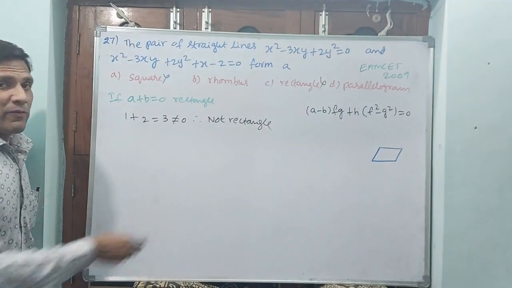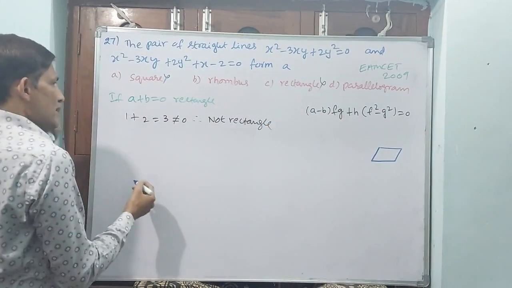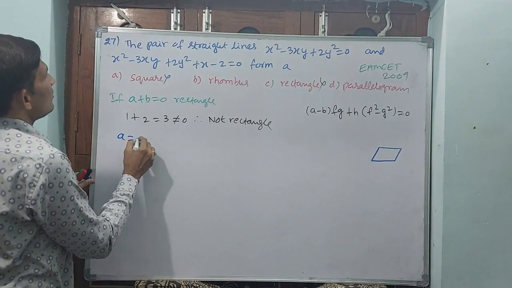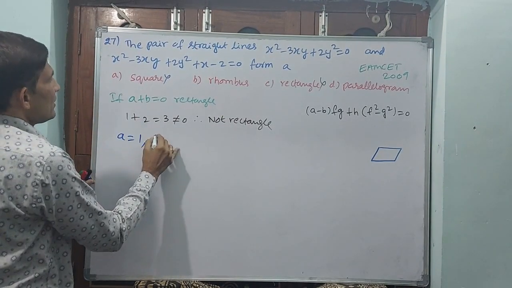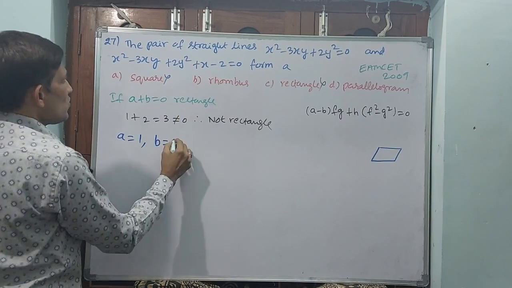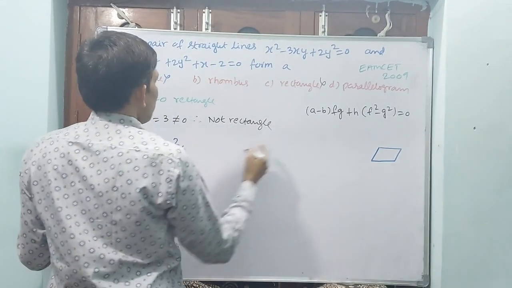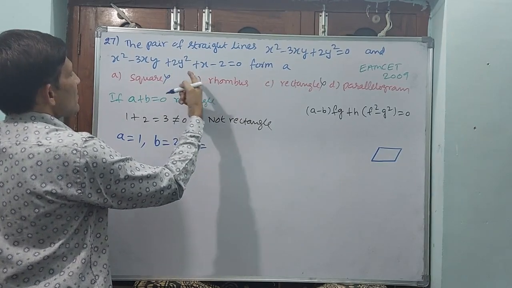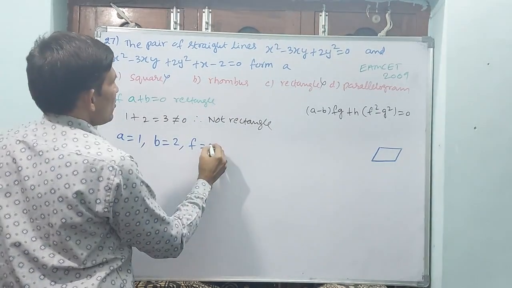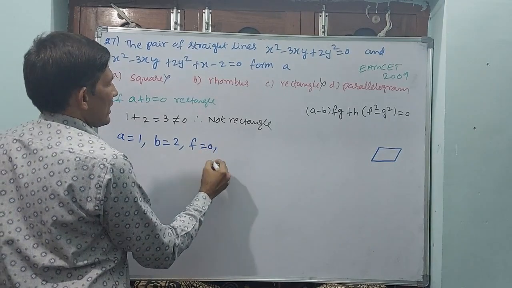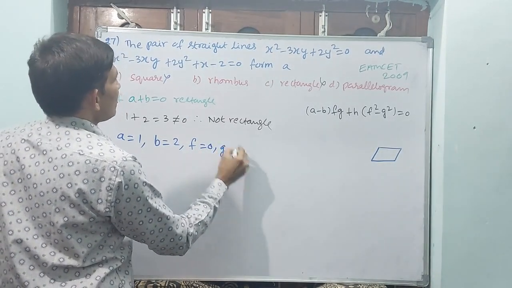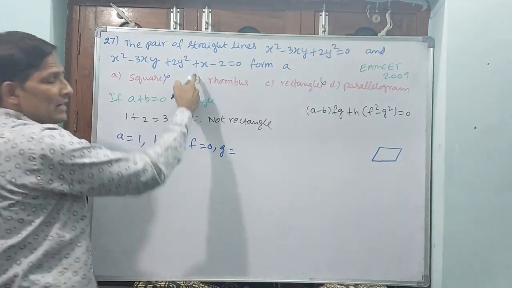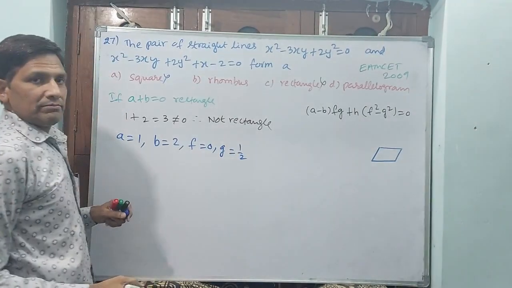Let us see. Before substituting, let us find A, B, C. Now see, A is equal to 1, B is equal to 2, F is equal to 0, 2F y is not there. Then G: 2G is 1, G is equal to 1 by 2.